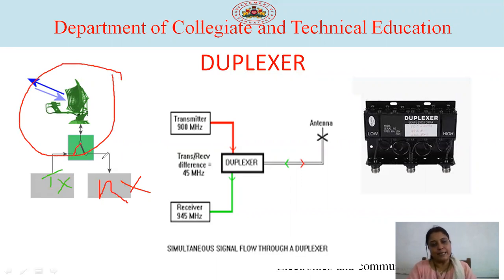Even though we are using the same antenna, the duplexer circuit is protecting the receiver circuit here. Now, in the blocks here, this is the transmitter, receiver, and the duplexer, and this is the antenna section. Red color indicates the transmitting signal going towards the antenna, and green color indicates the receiving signal coming to the receiver section here.